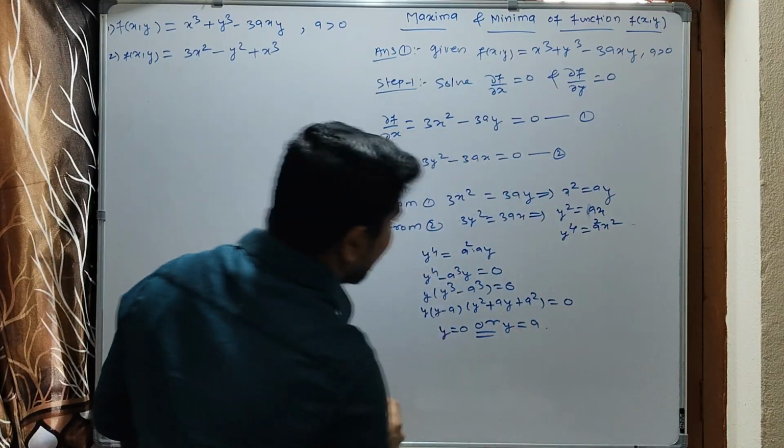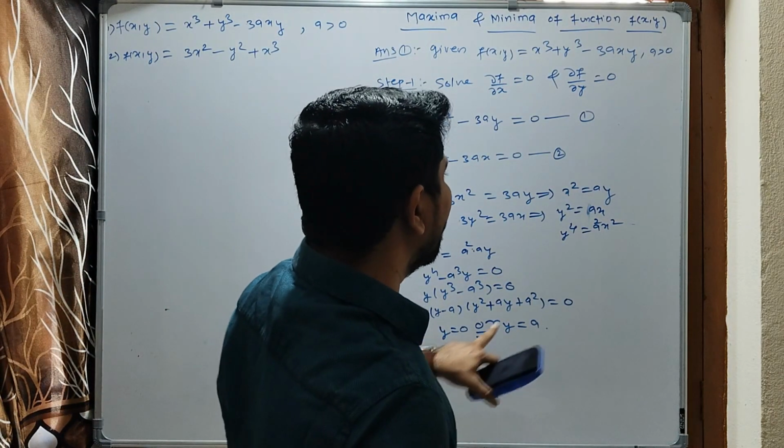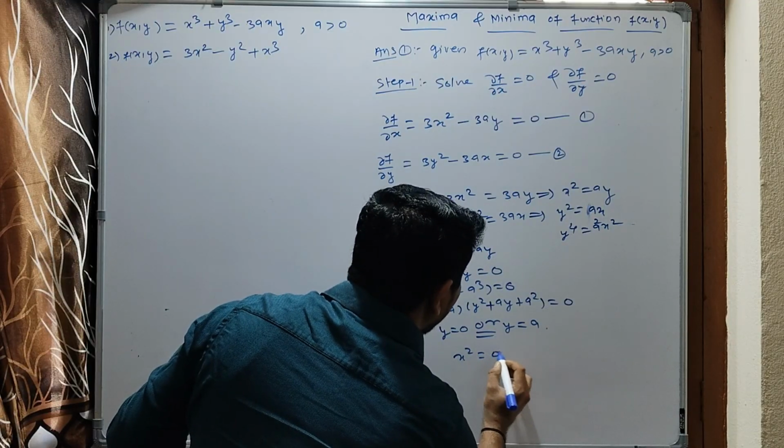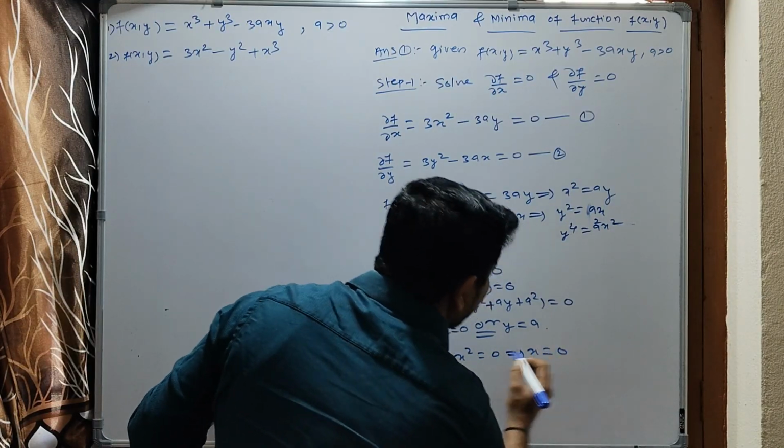Here if y equal to 0, now tell me, if y equal to 0, therefore x square equal to 0, this implies x equal to 0.